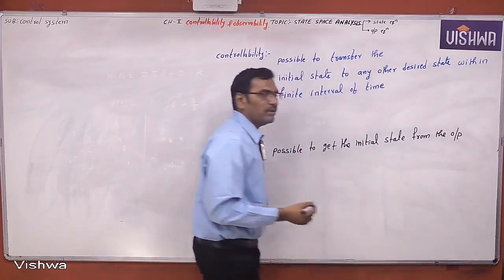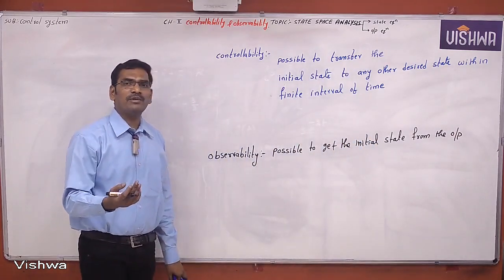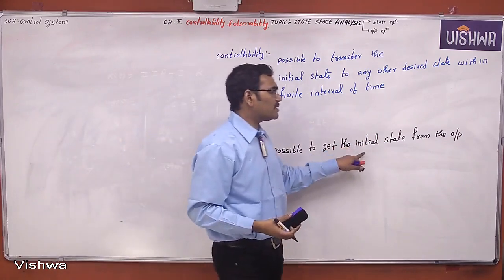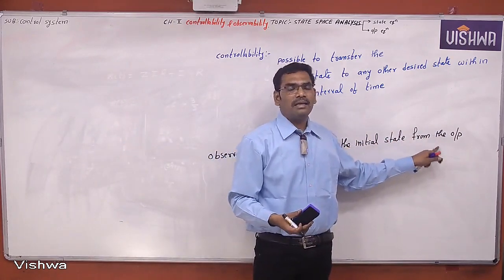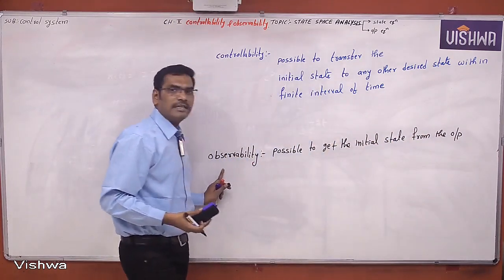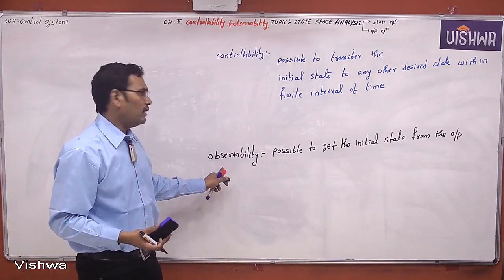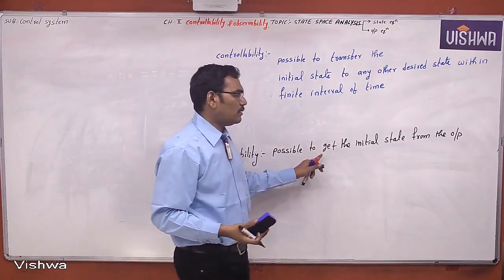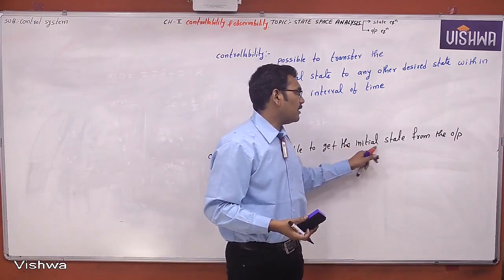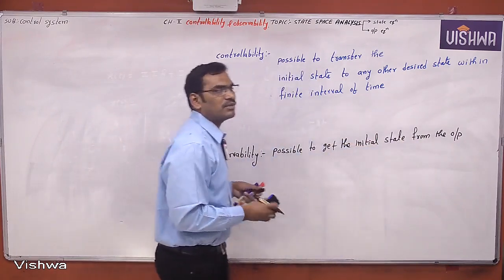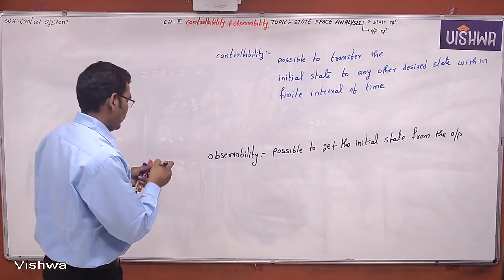If it is possible to get back the initial state from the output, then that state space model is said to be observable. If it is not possible to get the initial state from the output, then it is not observable. Understand or not?